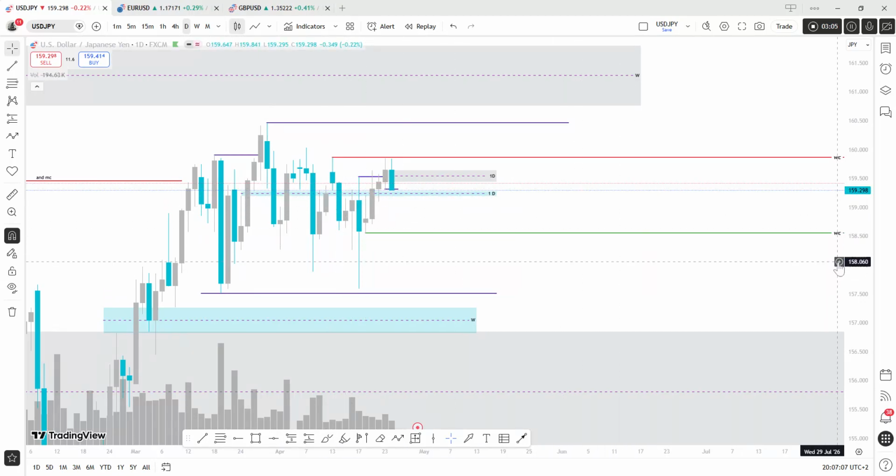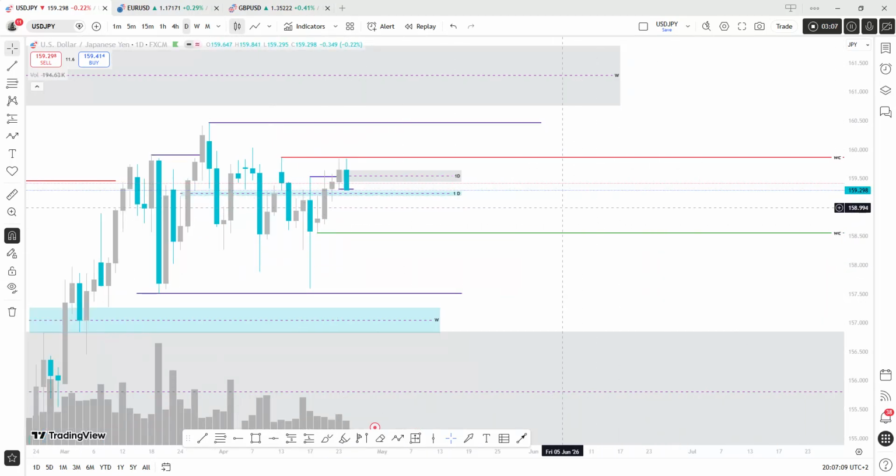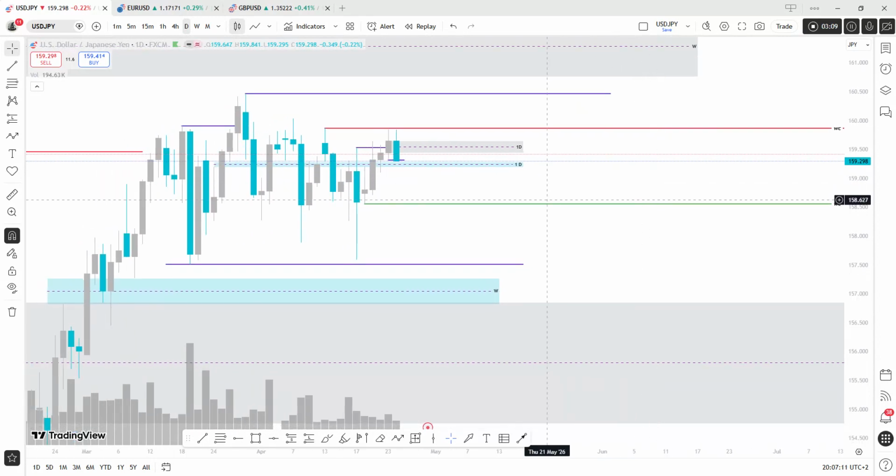In my point of view, it's not clear price action. The last two good things are basically this bearish range in here and then this bearish candle in here.